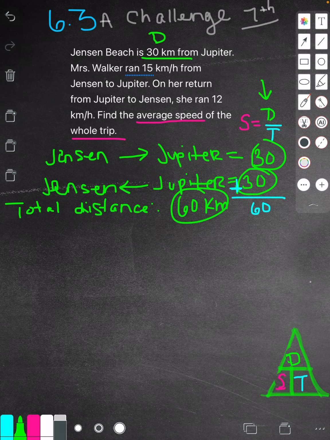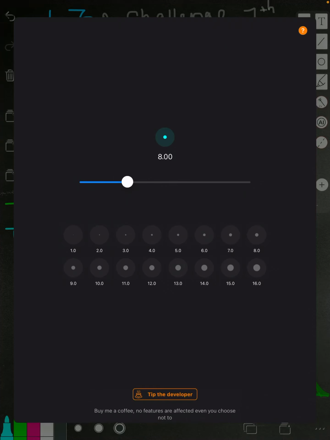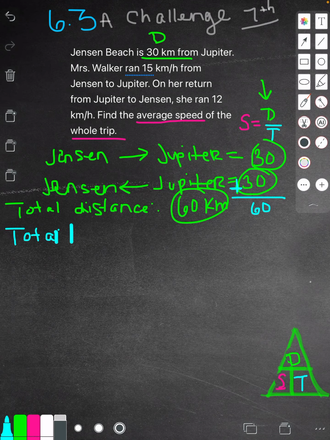So let's look for total time. Time is blue. So the total time would be the time of trip 1 and the time of trip 2.